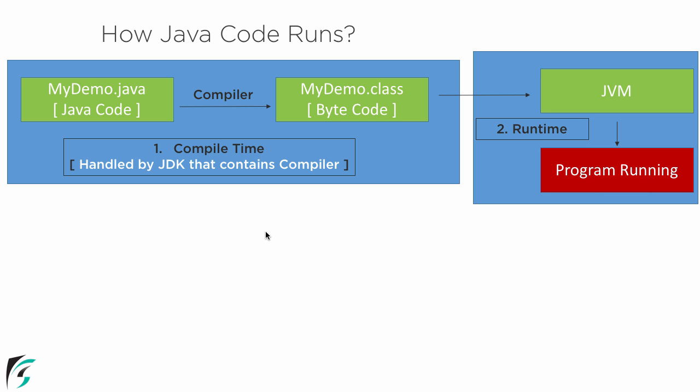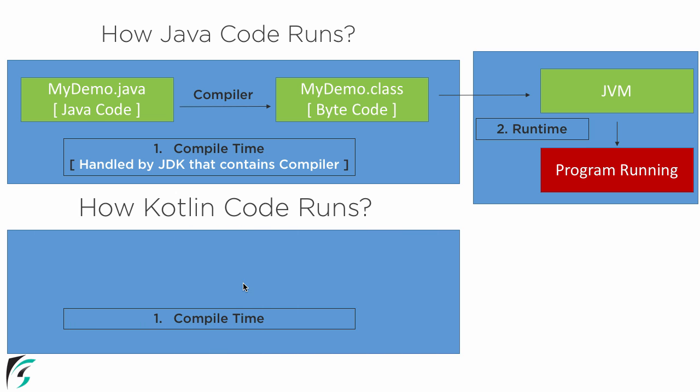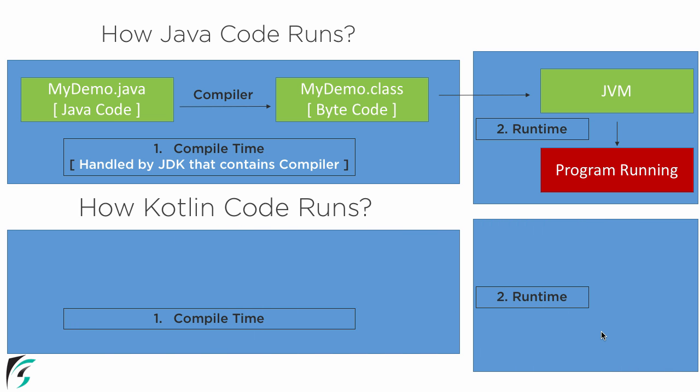Now, what happens in case of Kotlin? In case of Kotlin, the whole process is again divided into the compile time and the runtime. In compile time, we have mydemo.kt, a .kt extension file that contains the Kotlin code, similar to the Java code here.